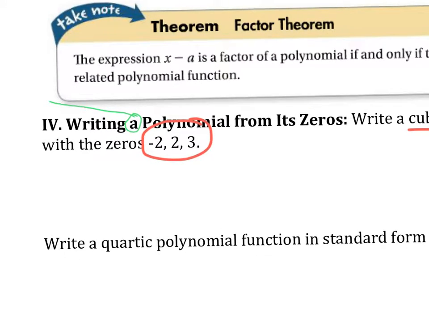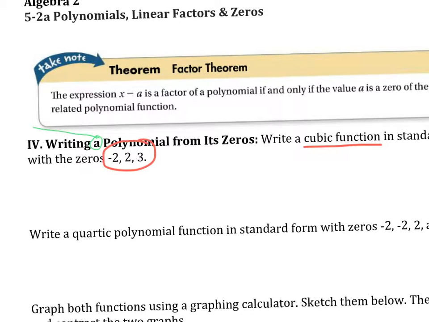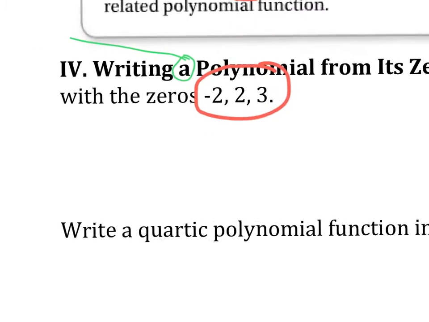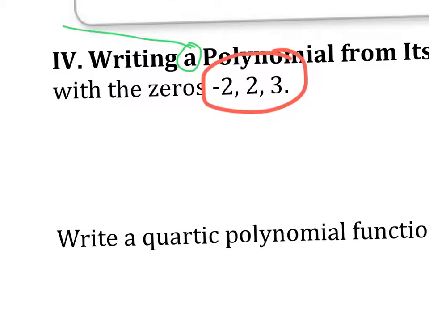So here's the situation. According to the factor theorem, if we have the expression x minus a, then a is a 0. Conversely, if a is a 0, then x minus a is a factor. So what's the moral of the story?